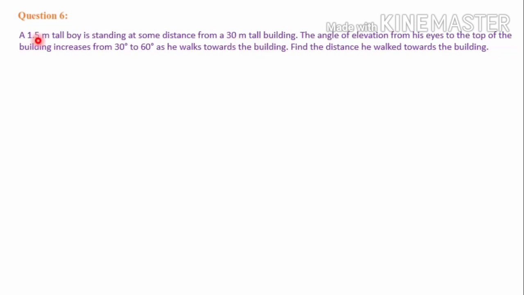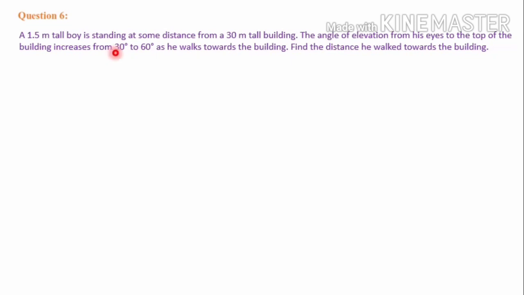So he is standing away from the building, and from that particular point he is looking at the top of the building at an angle of 30 degree. Angle of elevation is 30 degree, means from that point, if you look up, he can see the top of the building at an angle of 30 degree, and from that point he is moving towards the building and the angle of elevation changes from 30 to 60.